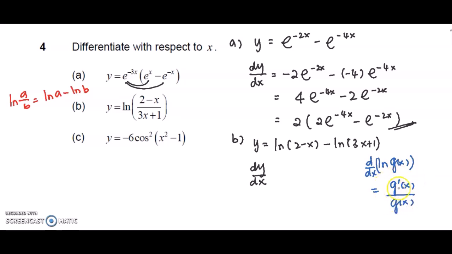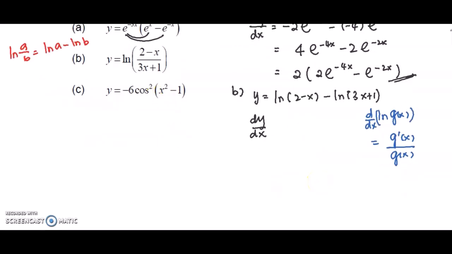So this is the formula to differentiate log g(x). Now you have log (2 minus x), as if this is your g(x). I'll write it down here. dy/dx equals differentiate the g(x), you get negative 1, divided by the g(x), you have (2 minus x).